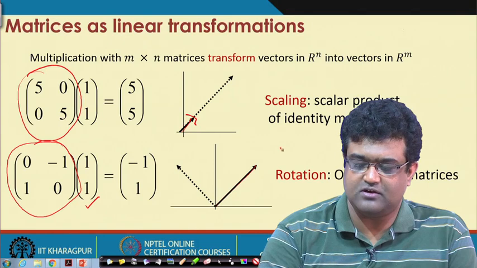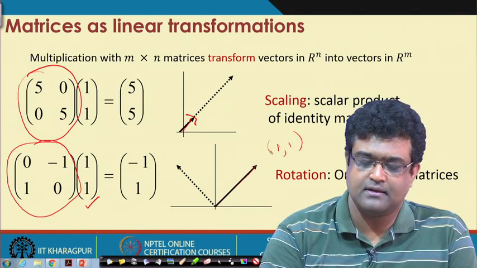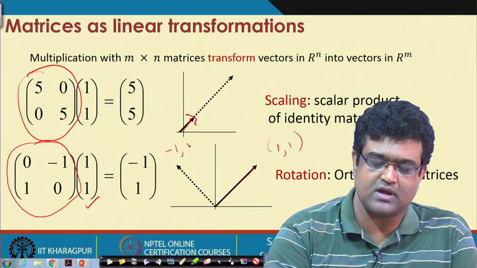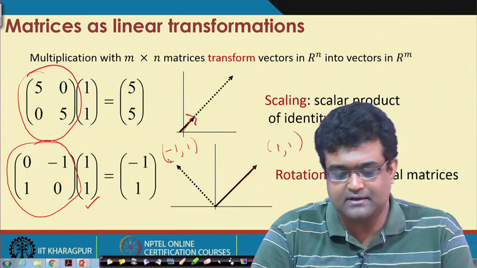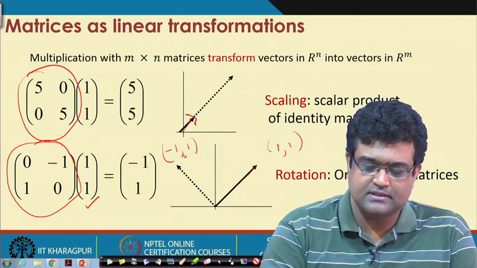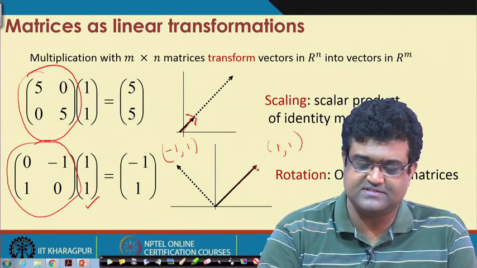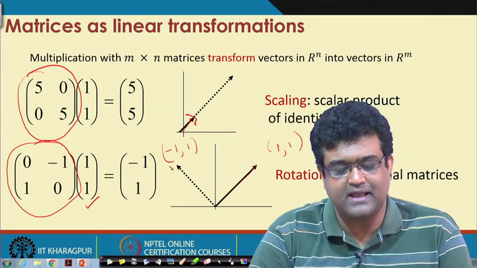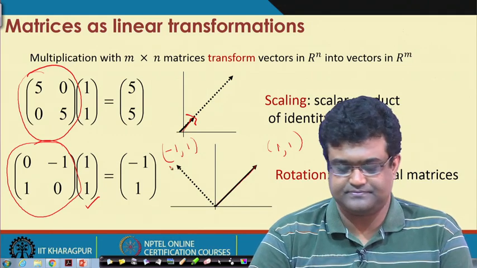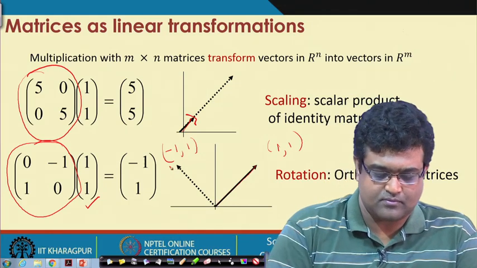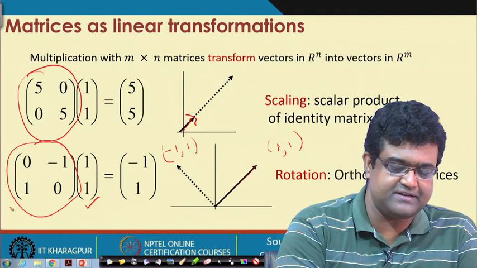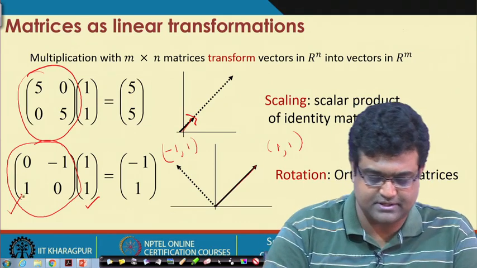This is the vector 1 1 and this is the vector -1 1. Note that the lengths of both the vectors are the same. However, this vector has been rotated by 90 degrees. So, this matrix is called a rotation matrix.